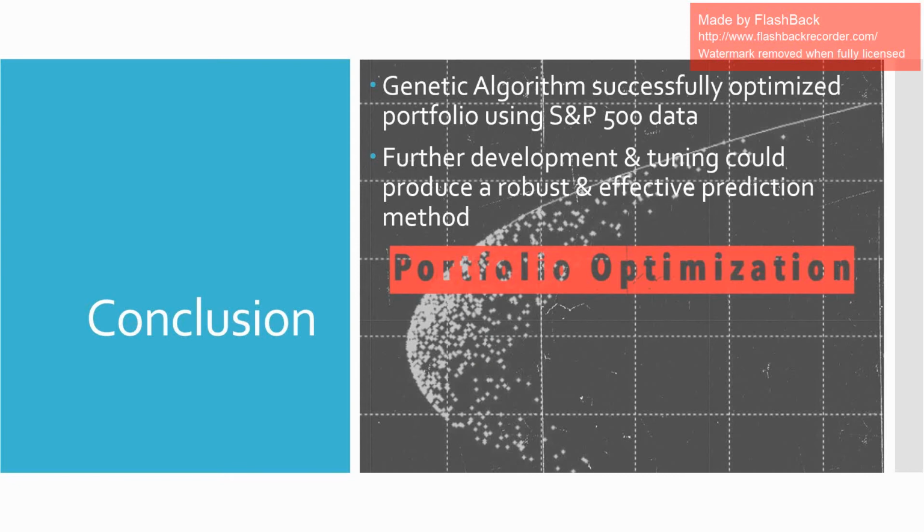The genetic algorithm was implemented over 5,000 generations to find an optimal portfolio of 475 stocks, and the optimal portfolio did have better market performance overall compared to the entire S&P 500. In the future, further tuning and modification to this algorithm could help drive portfolio optimization across the market.